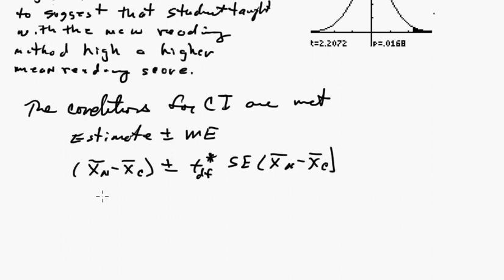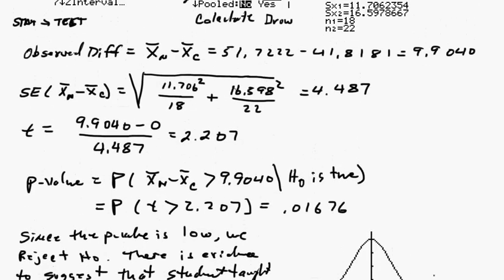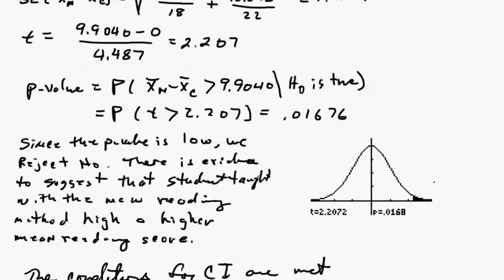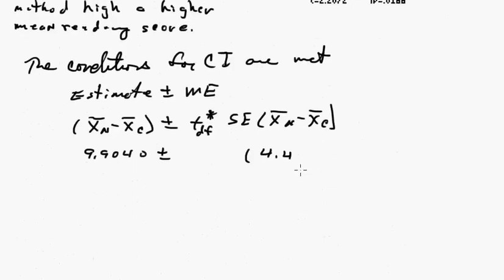So this is going to be, what was it, 9 point something. 9.9040 plus or minus, and this was 4.487.